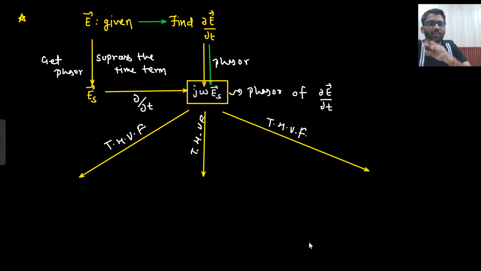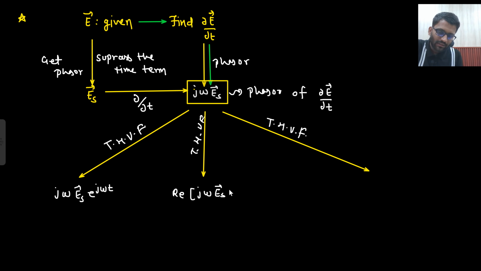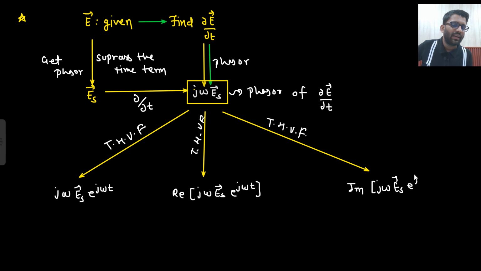You multiply by e to the power j omega t, or you take the real part of j omega Es e to the power j omega t, or you can take the imaginary part. During the derivation we will see which part we need to take, whether the real part, the imaginary part, or the complex exponential. Whatever part is required, we will see.